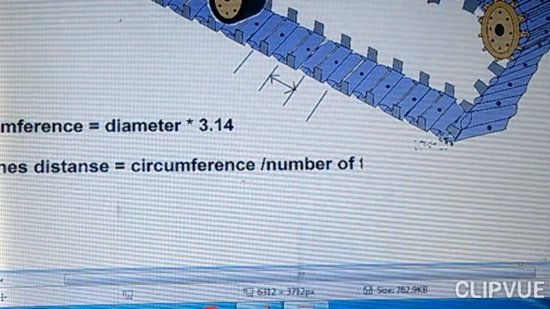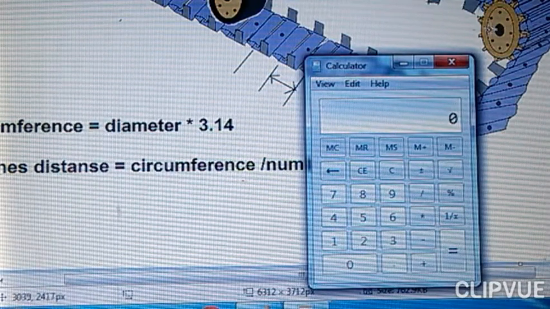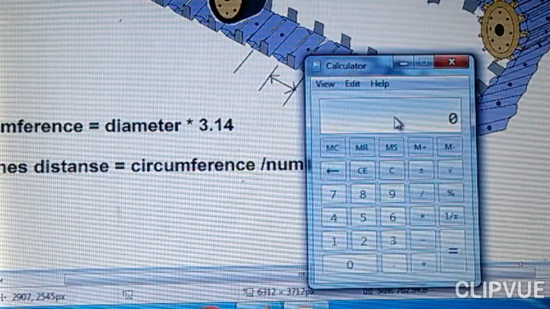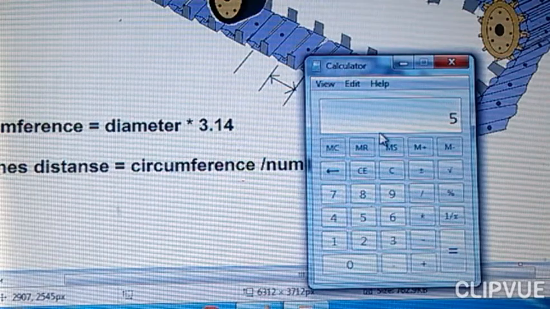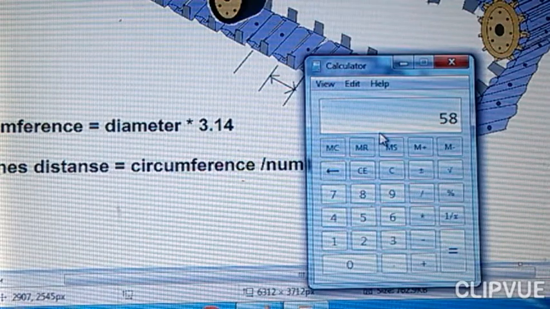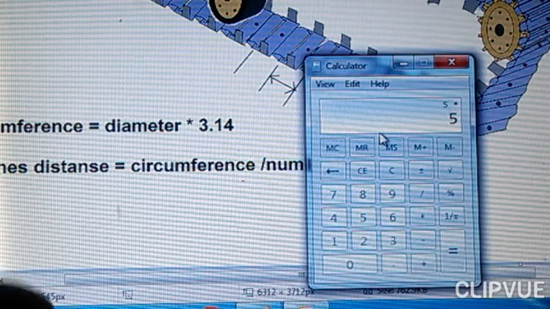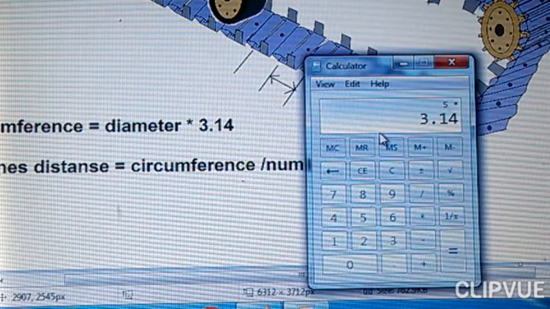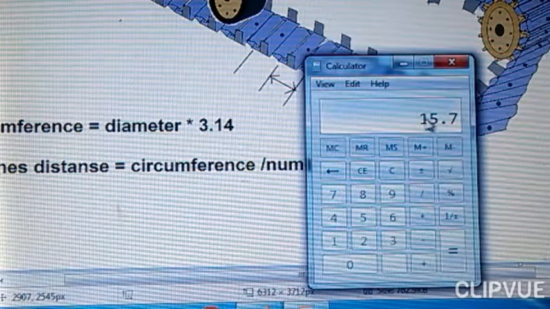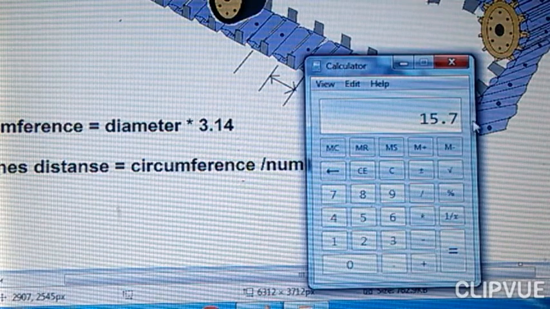Let's use the calculator. If the diameter of the driver gear is 5 centimeters, times 3.14, the circumference of the gear would be 15.7 centimeters.